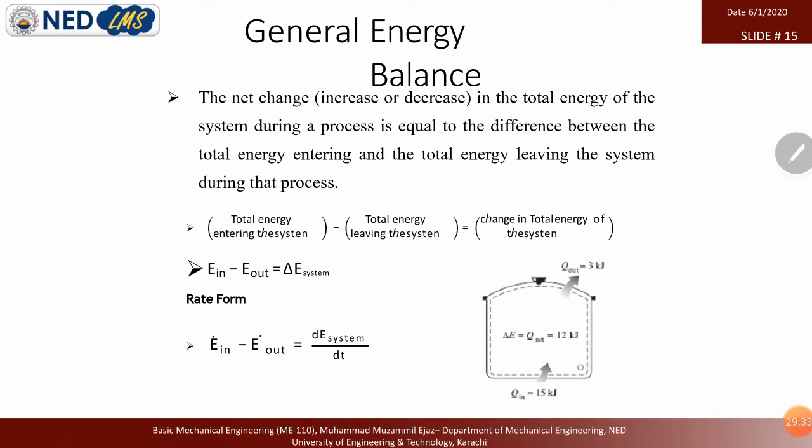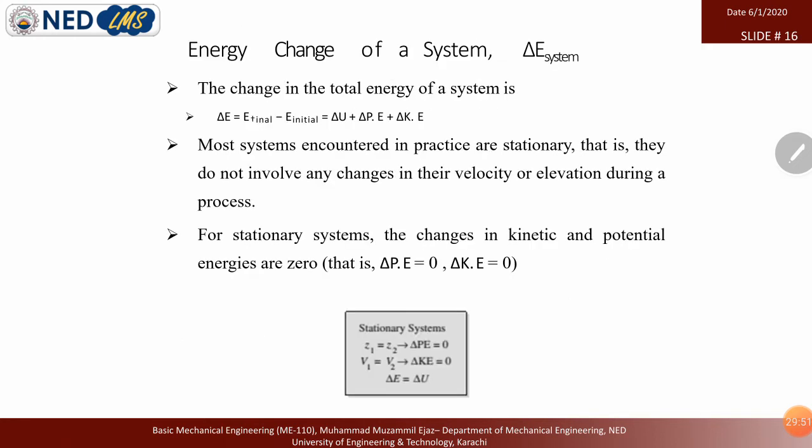The dotted line shown here is the boundary of the system, and the inside portion is our system. So it is taking heat from the environment and also releasing some of the heat into the environment. So delta E in minus delta E out is equal to delta E of the system.